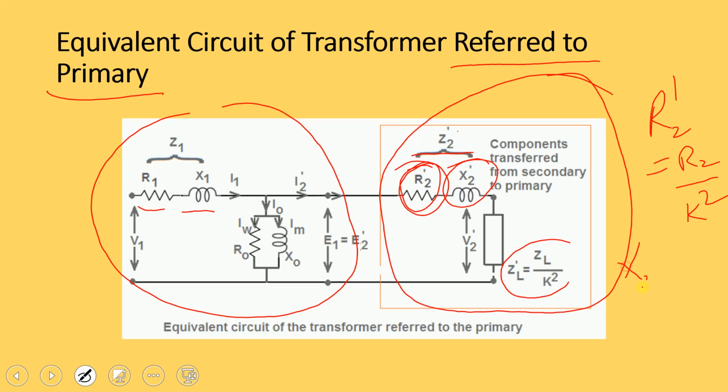Similarly, X2 dash is equal to X2 upon K. To remember, when we are referring to the primary side, the K factor is divided with the value.